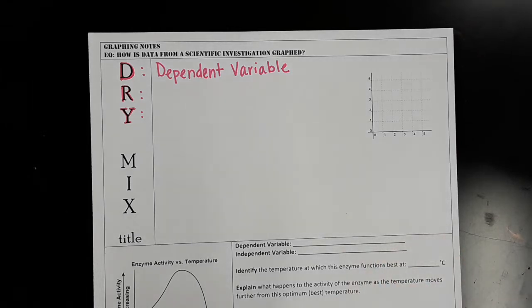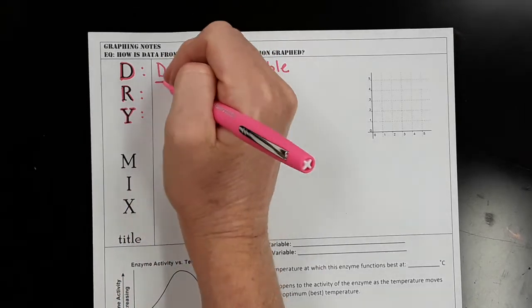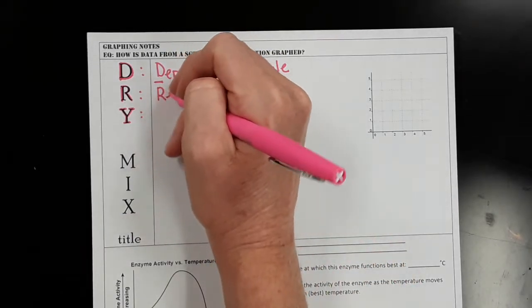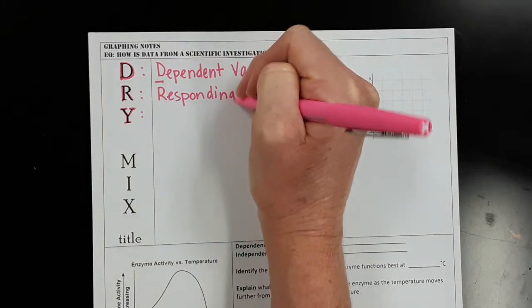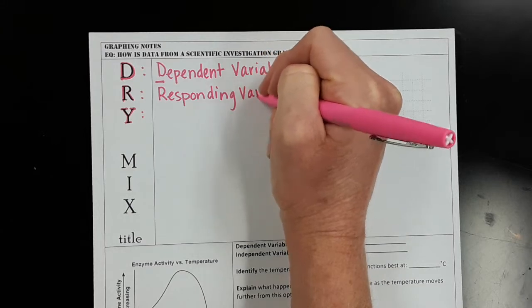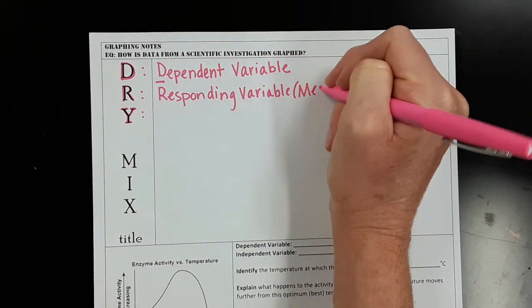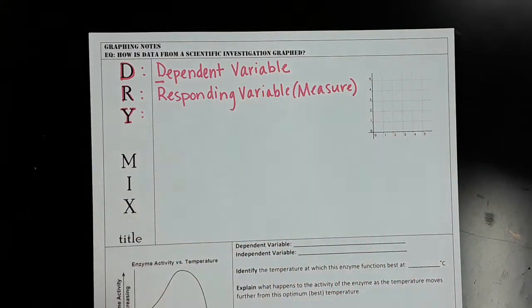What we need is a good definition. The dependent variable is the responding variable. The D in DRY stands for dependent variable, and the R stands for responding variable. That is what we're going to measure in an experiment.